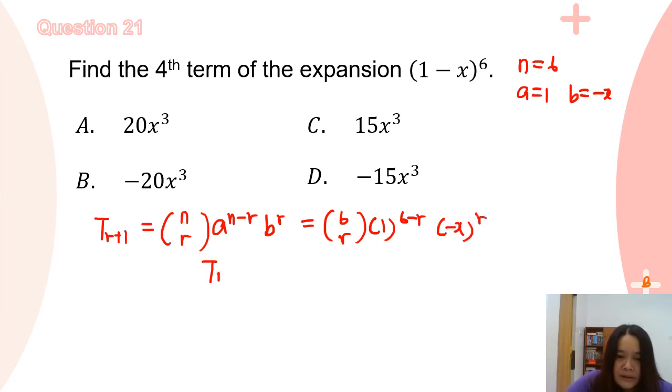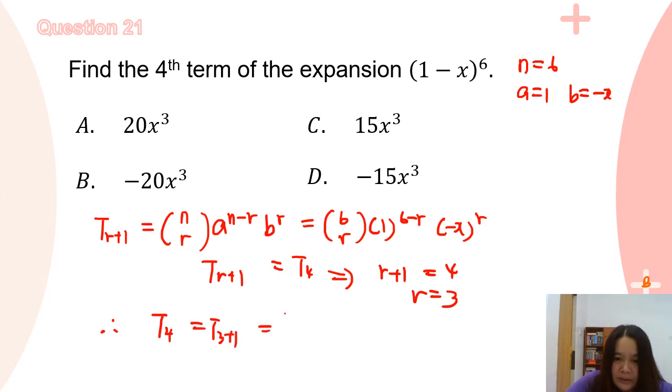So you have T(r+1) equal to the T4 here. So that means you have r plus 1 equal to 4, the r is equal to 3. So therefore the T4 term is T(3+1). So it will be equivalent to 6C3.